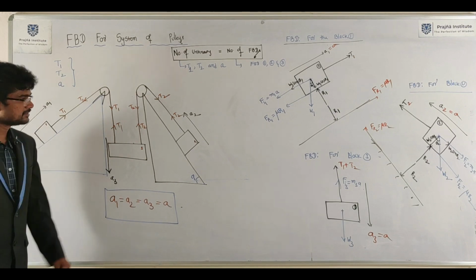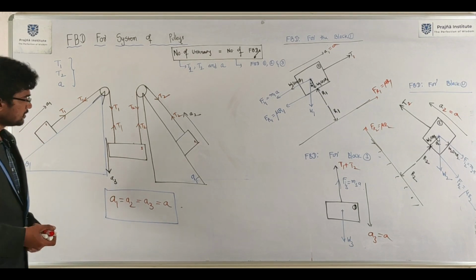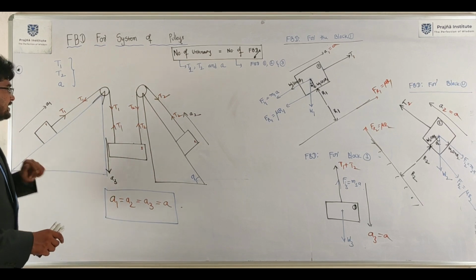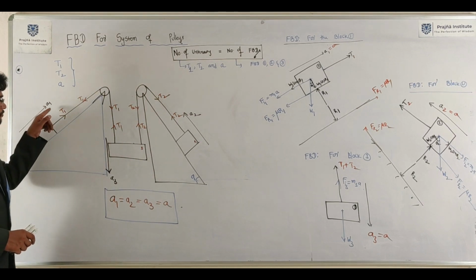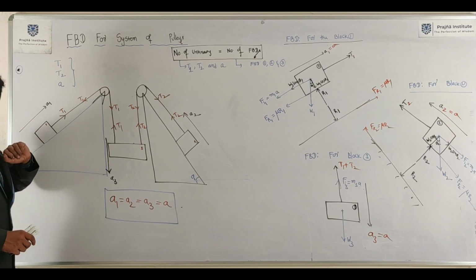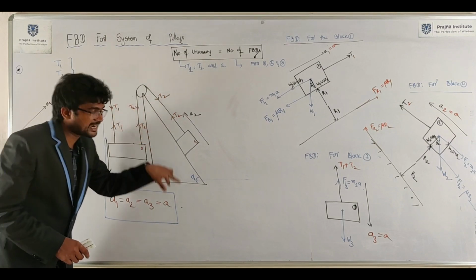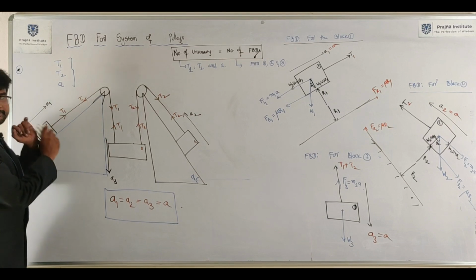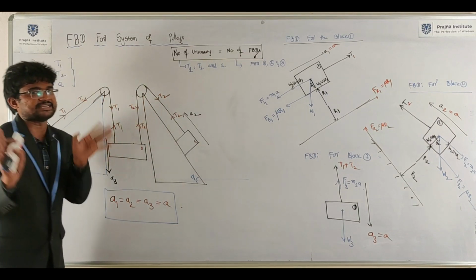That is the view. Here the good points are: acceleration of all blocks is the same, tension in the first string is T1, tension in the second string is T2. Same string, same tension.